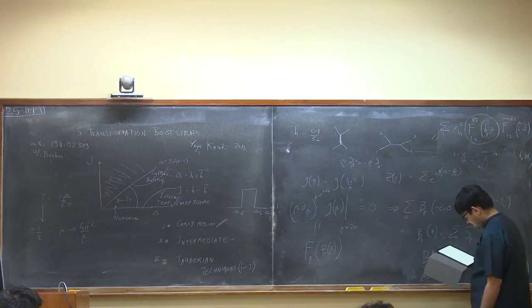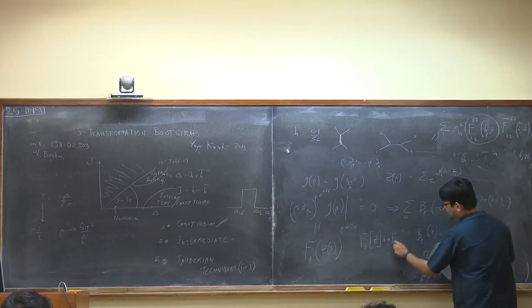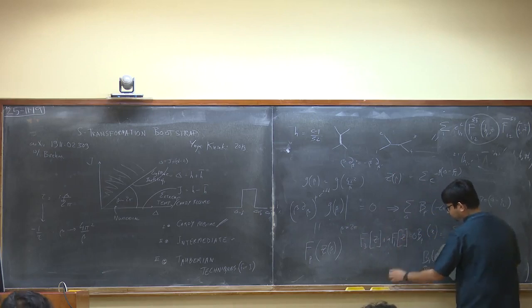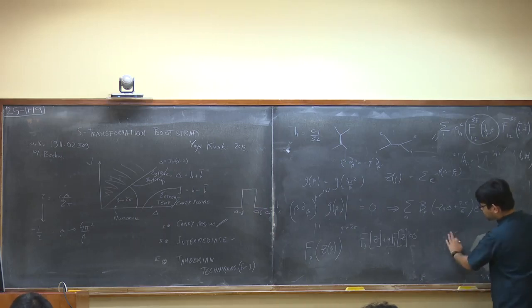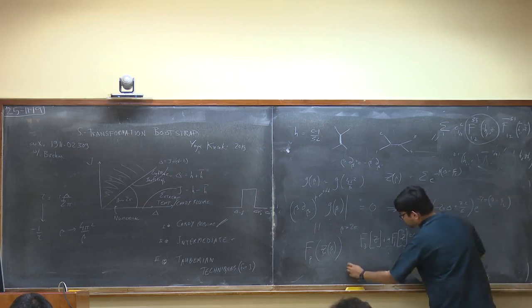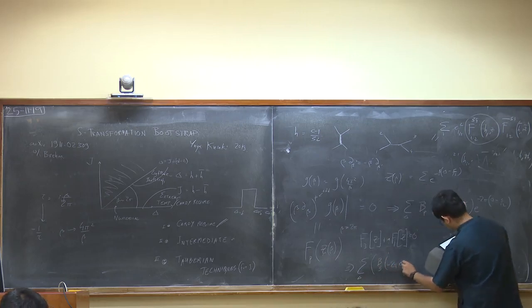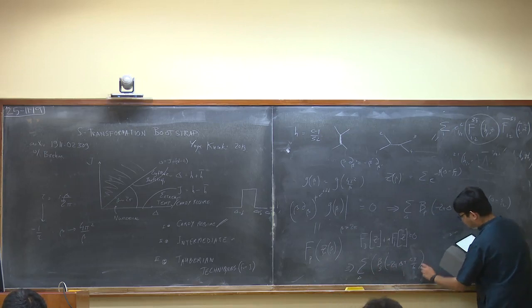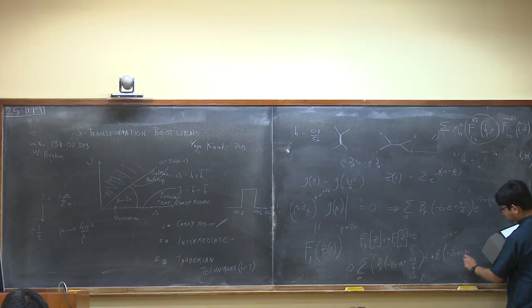If you consider F3 of Z plus a F1 of Z is 0, then within the summation this gives you B3 of minus 2 pi delta plus pi c by 6, plus a B1 of minus 2 pi delta plus pi c by 6, times this, equals 0.